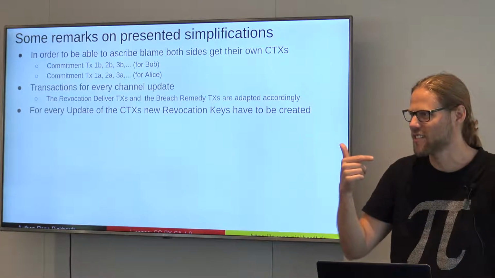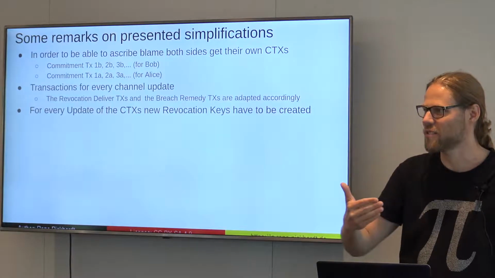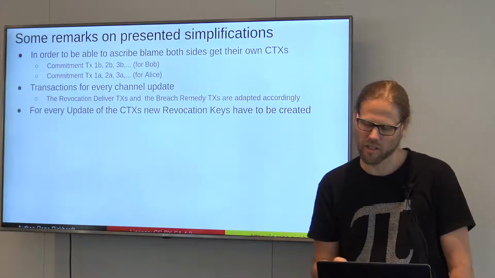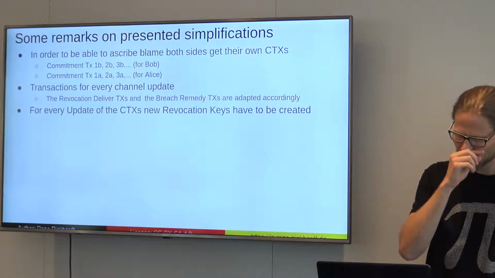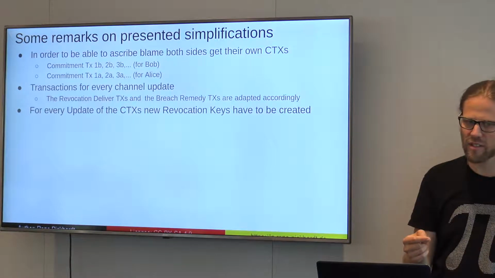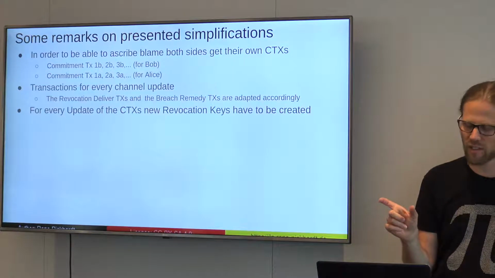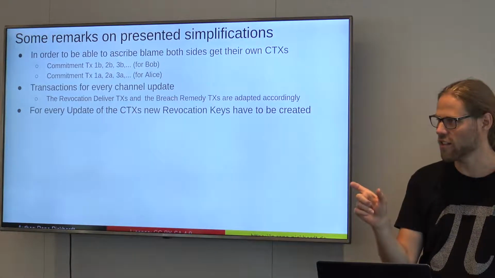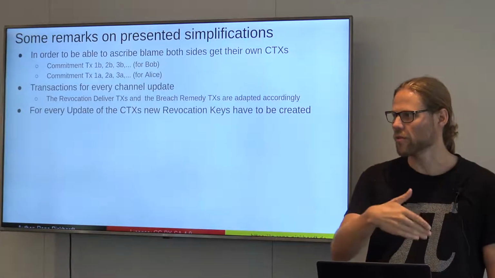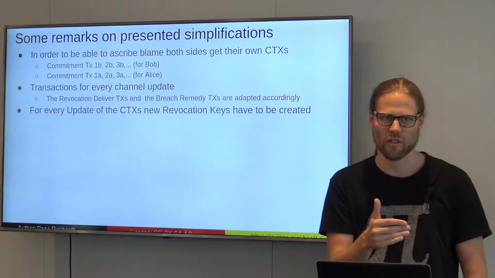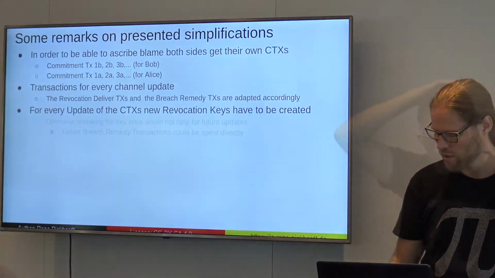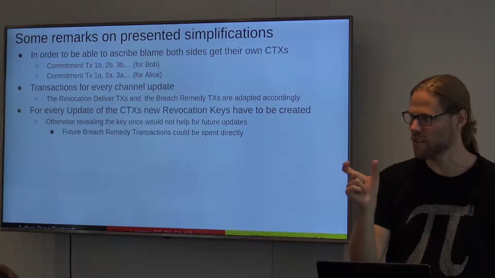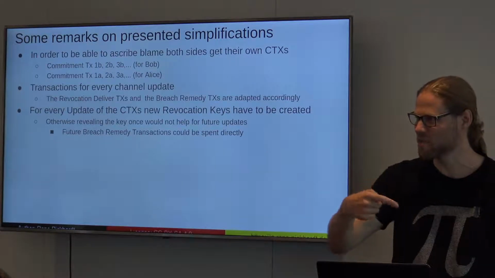Because then for the next transaction, I could already guess the revocation key and already claim it even though I should not have it. And as we discussed before, there is this smart way of generating the revocation keys as a shard chain, so you don't need to store all the old revocation keys. It's sufficient to only store a couple of revocation keys. As I mentioned before, future breach remedy transactions, if the revocation keys were always the same, could be spent right away, right?